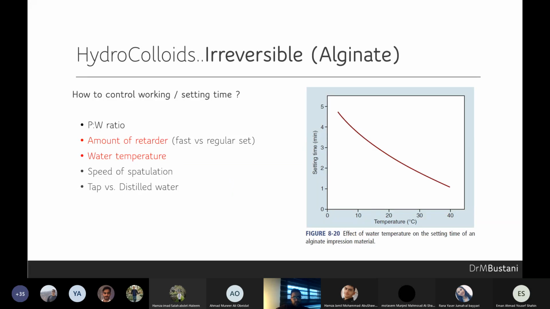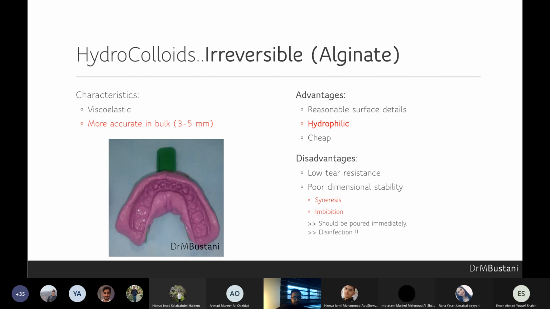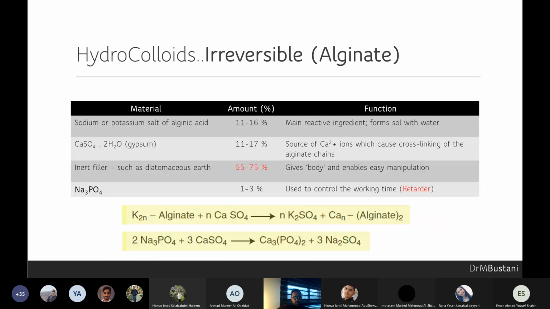Okay. Someone asked me about the reaction. So first of all, when we mix the water with the powder, the retarder, which is the sodium phosphate, will react with calcium sulfate, which is the other component of the potassium alginate main reaction.